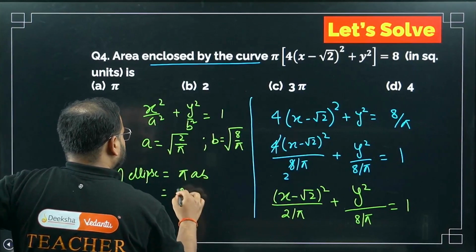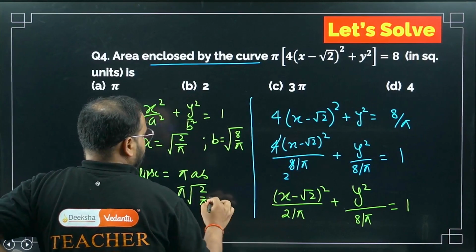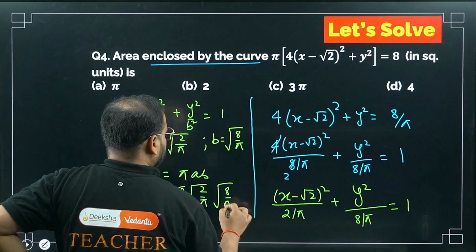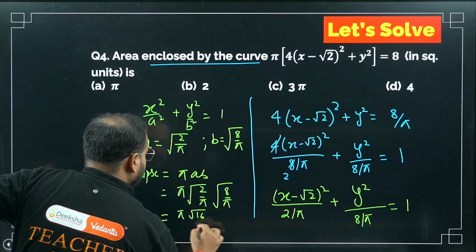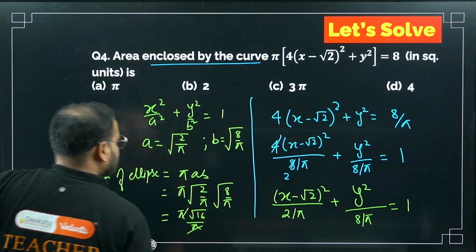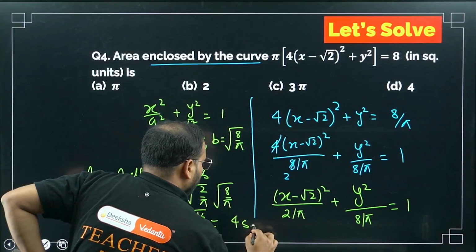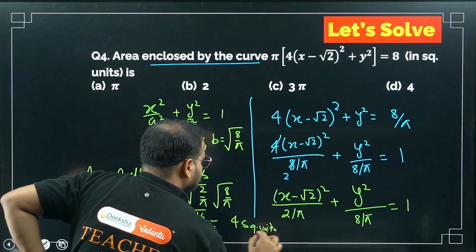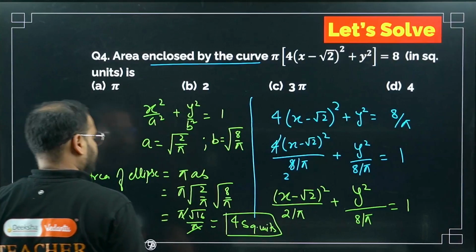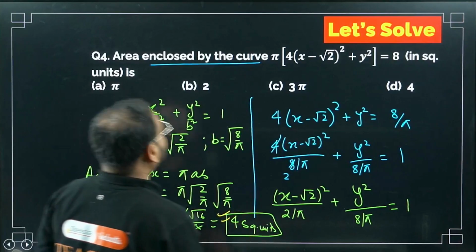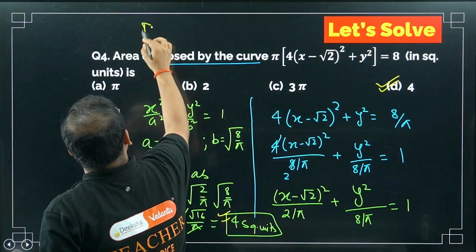Pi is a constant, a is root 2 by pi, b is root 8 by pi. I get pi times root 16 by pi. Pi goes out, and root 16 is 4. My answer is 4 square units, which is option D. So option D is the correct answer.